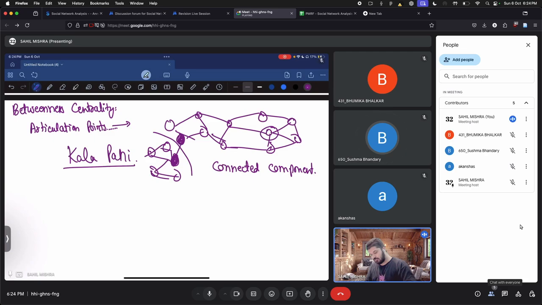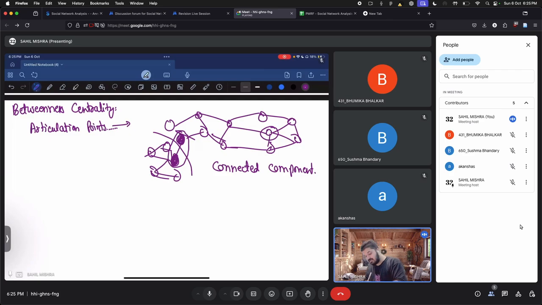So I'm removing this stuff, it's not needed. You can see this network has one articulation point, and one articulation point generally consists of two nodes. It does not consist of one node, because that's a link.